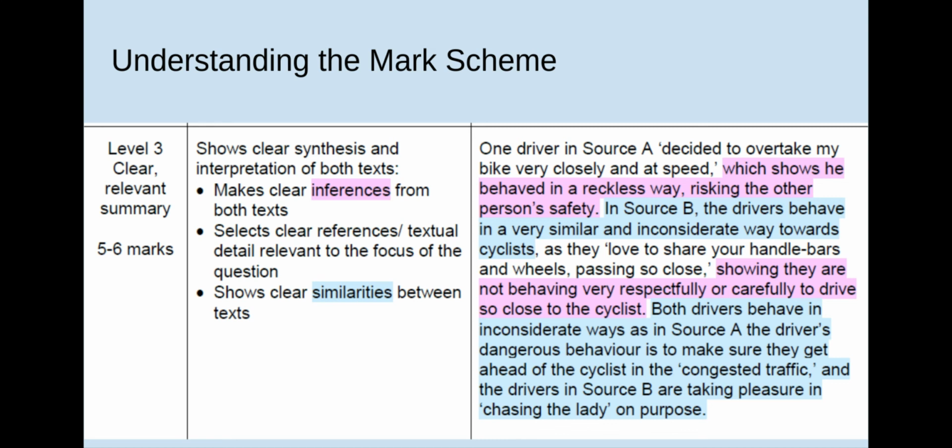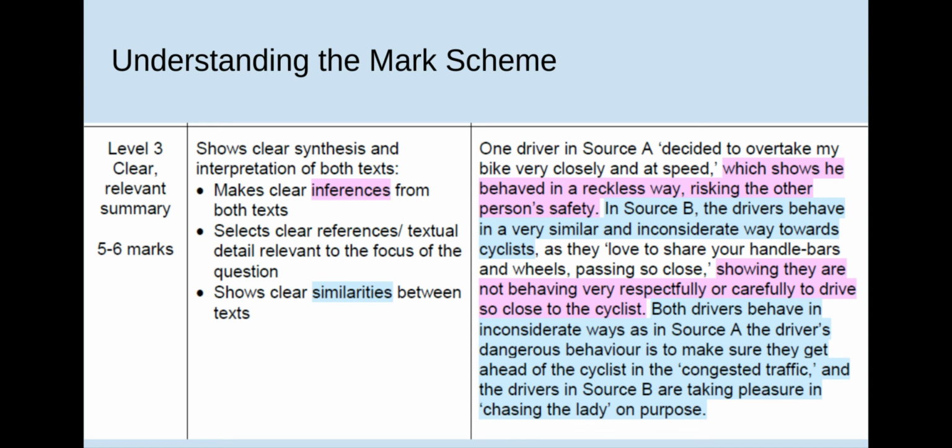In source B, the drivers behave in a very similar and inconsiderate way towards cyclists, as they love to share your handlebars and wheels, passing so close, showing they are not behaving very respectfully or carefully to drive so close to the cyclist. Both drivers behave in inconsiderate ways, as in source A, the driver's dangerous behaviour is to make sure that they get ahead of the cyclist in congested traffic, and the drivers in source B take pleasure in chasing the lady on purpose.